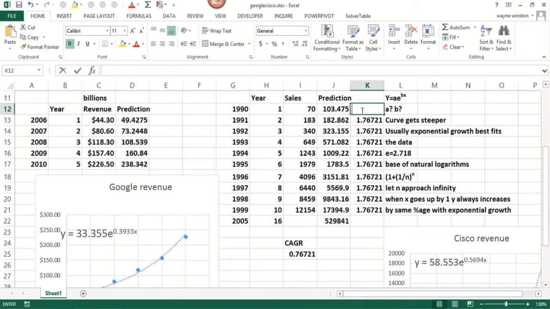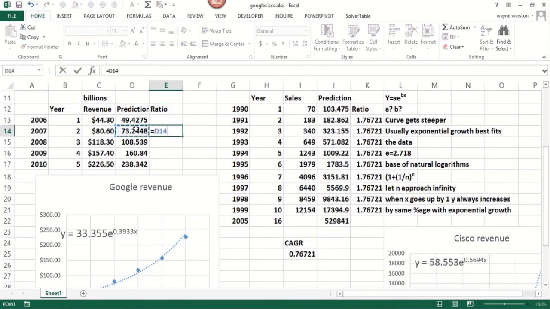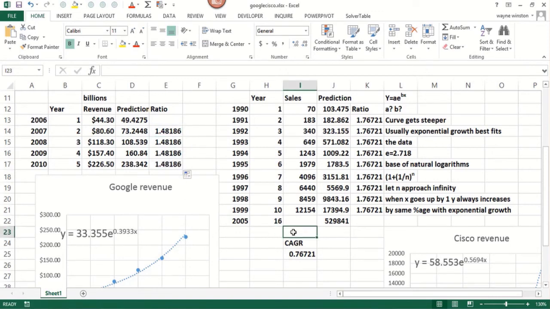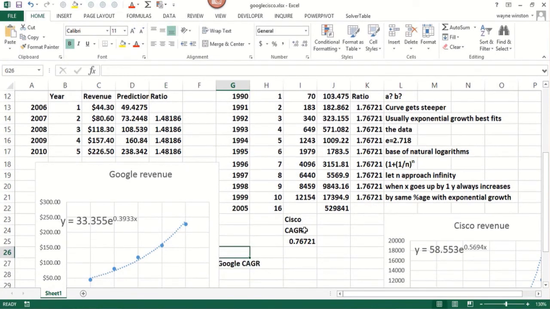And if I look at that ratio, that'll give me the CAGR. Looks like 48% for Google. So if I do Google CAGR, I would just take this minus 1. So it looks like the compound annual growth rate for Google was 48%.